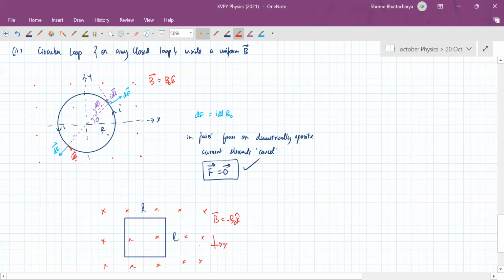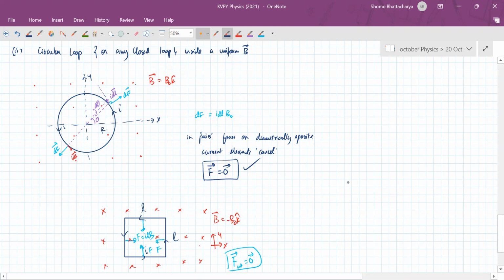We've taken this as our XY plane, and this time also the current is anti-clockwise. Each of these sections will experience force. This will experience a force ILB, this will experience an equal and opposite force ILB, and these two will experience forces like this. So again, the vector sum of these four forces becomes 0.